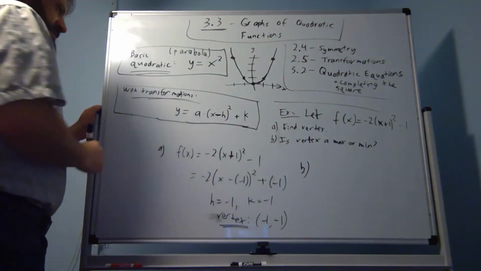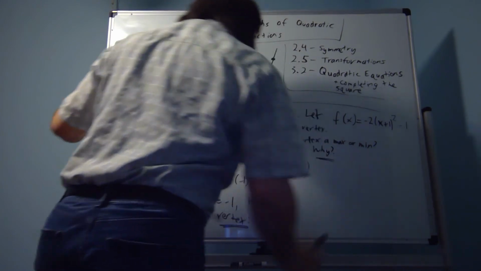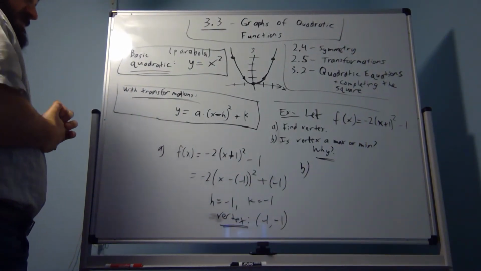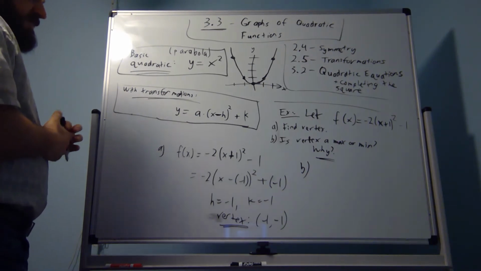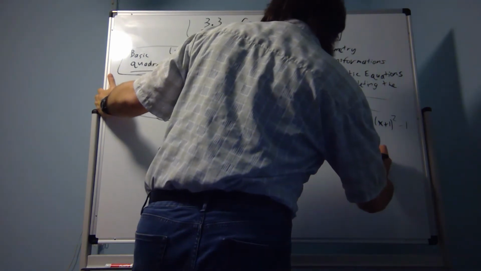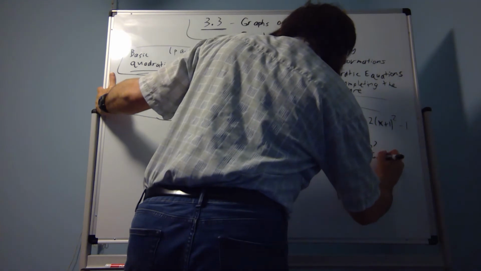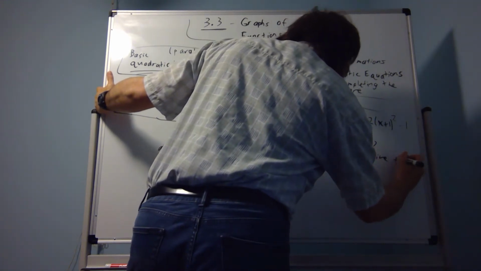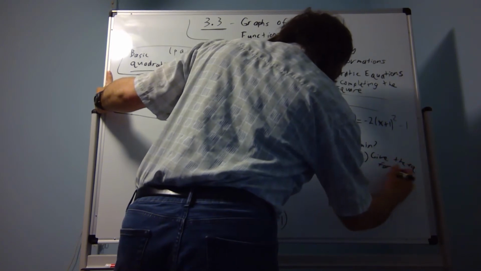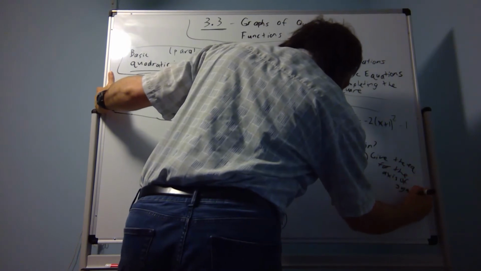And make sure of this, if I'm putting this on the homework, I'm going to ask a quick why question. It's not too complicated. It's just a is positive or a is negative. And let's have a part C as well. So give the equation for the axis of symmetry.